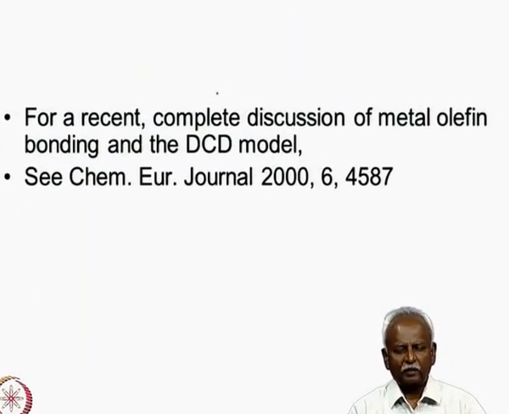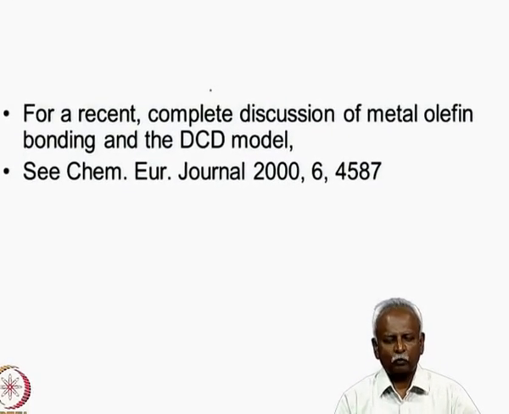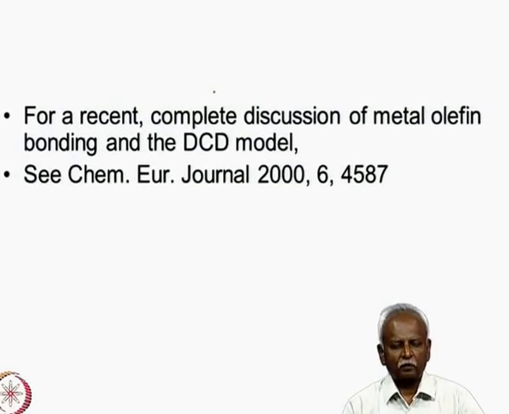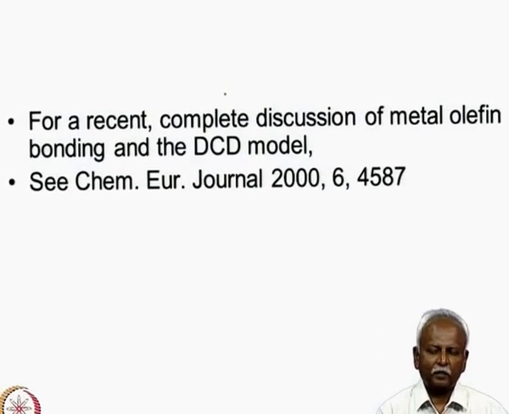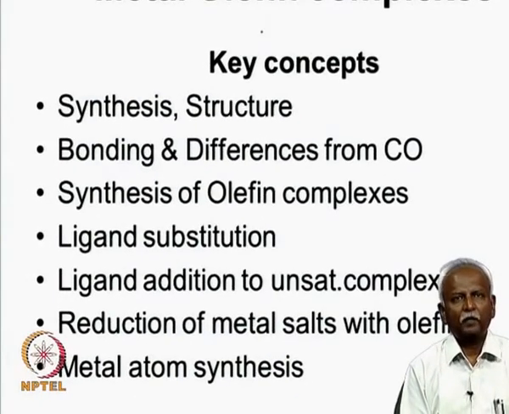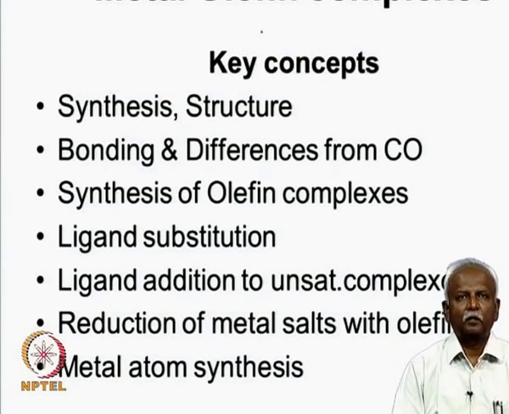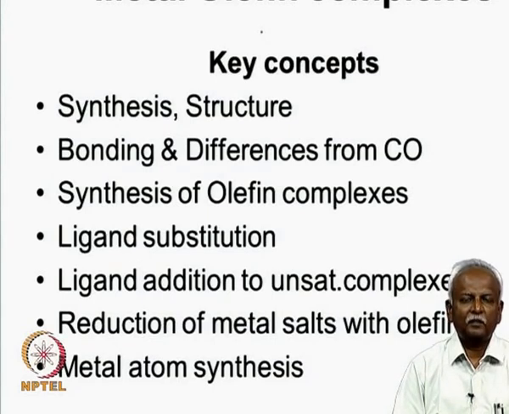So, a complete discussion of the metal olefin bonding and what we call the Dewar-Chatt-Duncanson model is given in a recent paper, of which the reference is given here. And what we have understood from all these aspects is that olefin complexes can be readily synthesized and structurally characterized, and the bonding differences between carbon monoxide and olefins allow one to synthesize them by displacing carbon monoxide.